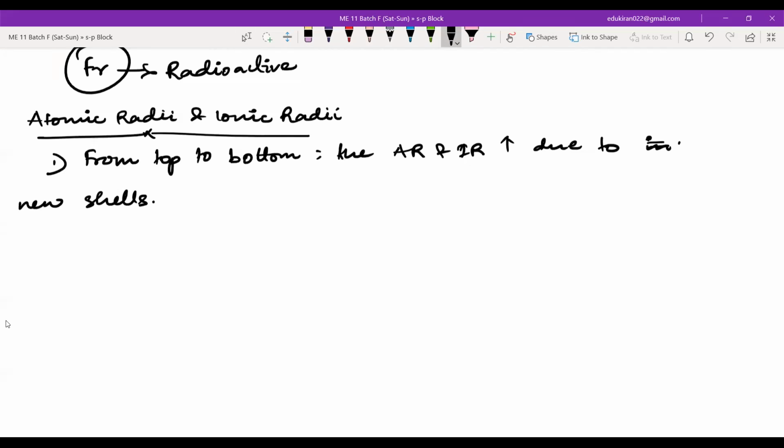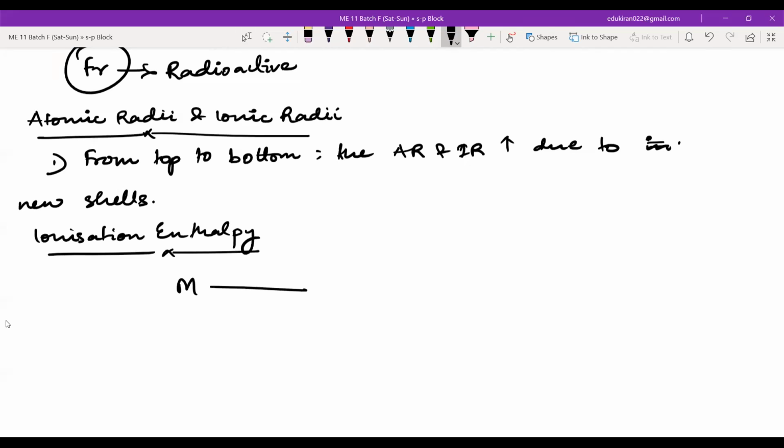Next is ionization enthalpy. Ionization enthalpy means the amount of energy that is required to take the outermost electron from a neutral isolated gaseous atom. From a neutral isolated gaseous atom, M, any metal, you will take out an electron.